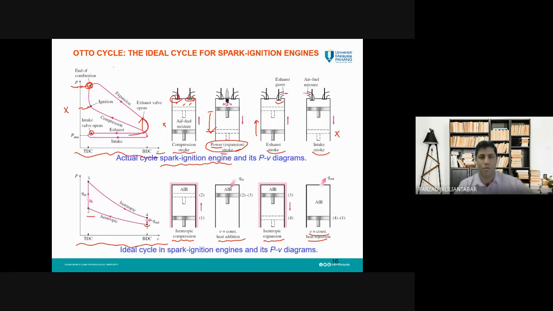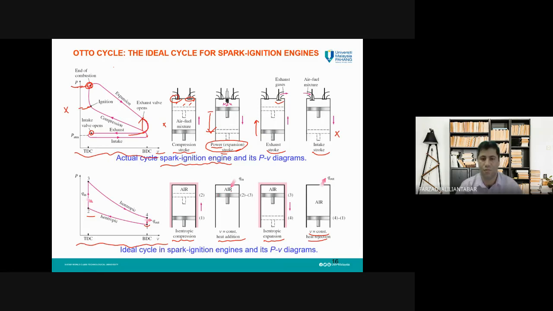So with some simplification, we can have this PV diagram as an Otto diagram, actually for the SI engine. You can see here how different strokes are illustrated in this cycle.